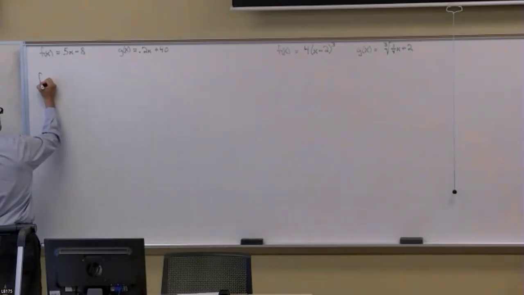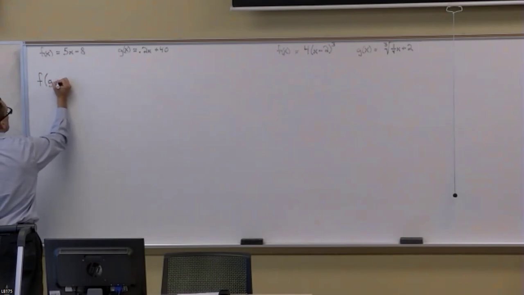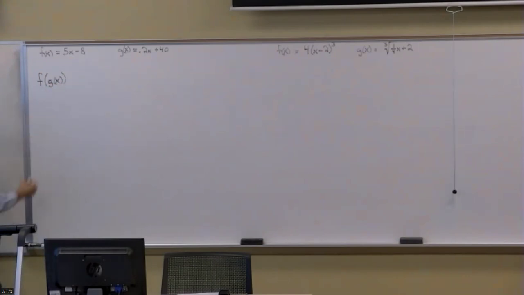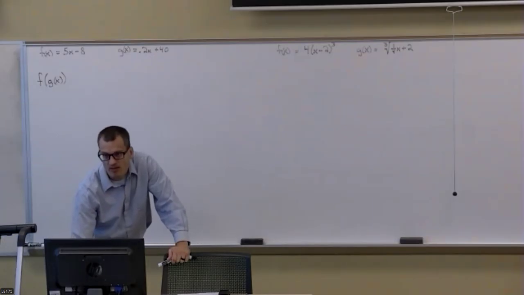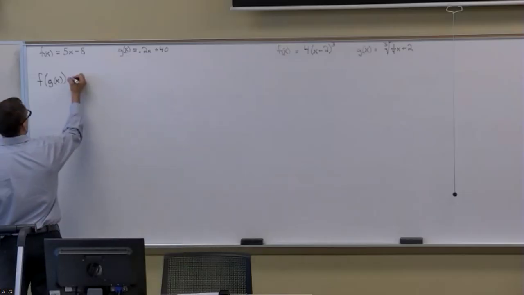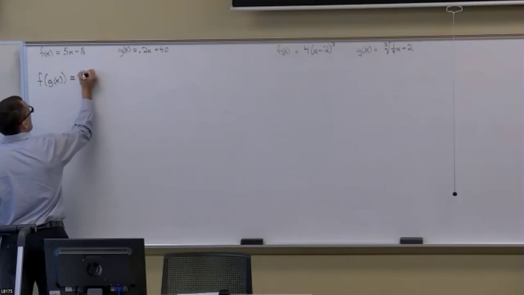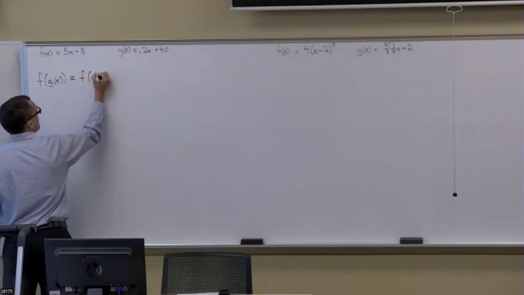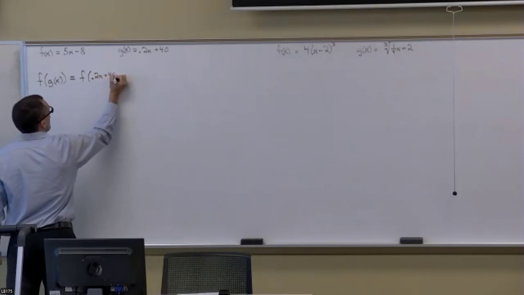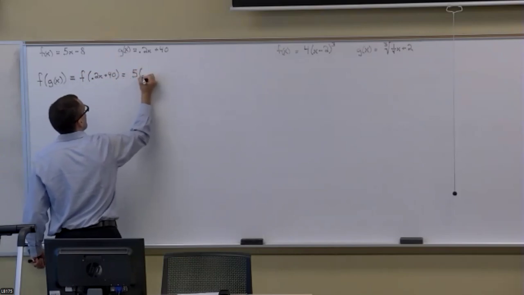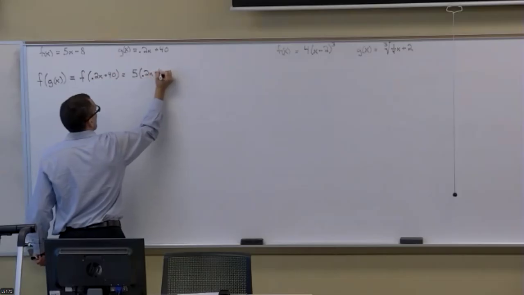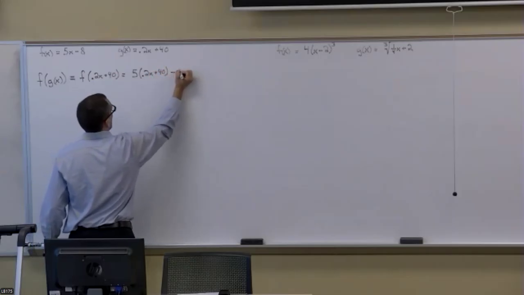So if I wanted to check to see if these are inverses, what I would do is compose. I'll just use this notation for function composition. And so into f, we're going to put in 0.2x plus 40. So we go 5 times the quantity 0.2x plus 40 minus 8.